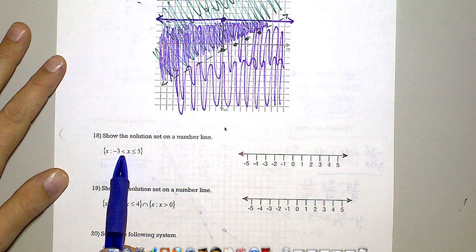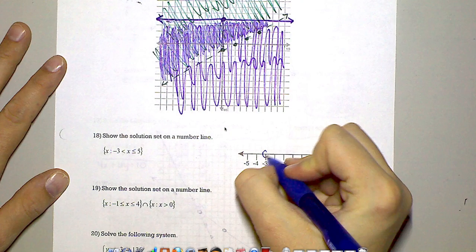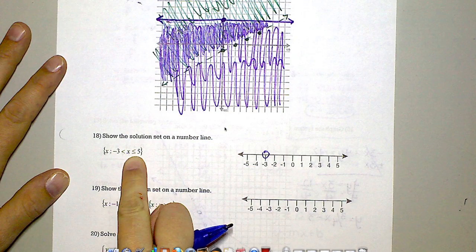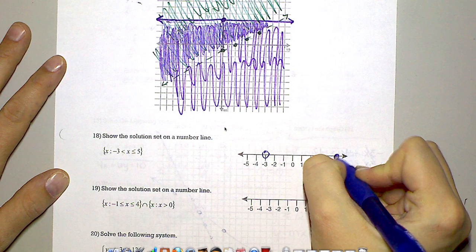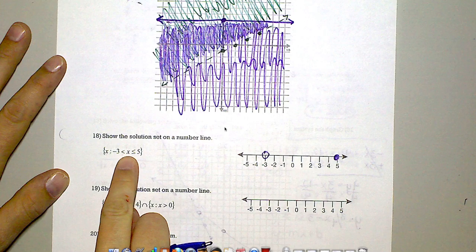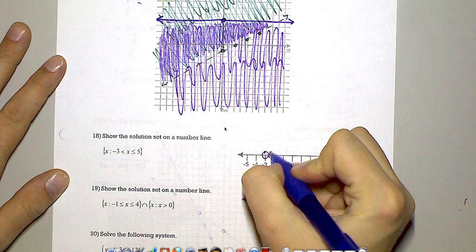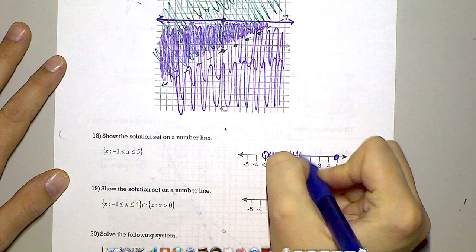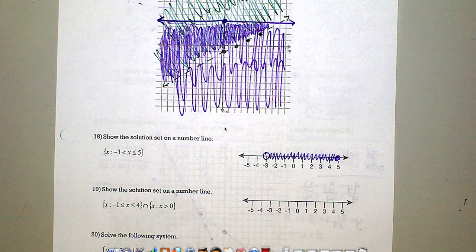I don't have an equal bar next to the -3, so that's going to be an open circle. I do have an equal bar next to the 5, so that's going to be a closed circle. And then the way this is written, this is literally saying that you want to shade everything between those two numbers. So I'm just going to shade from one to the other. And that's it for that one.